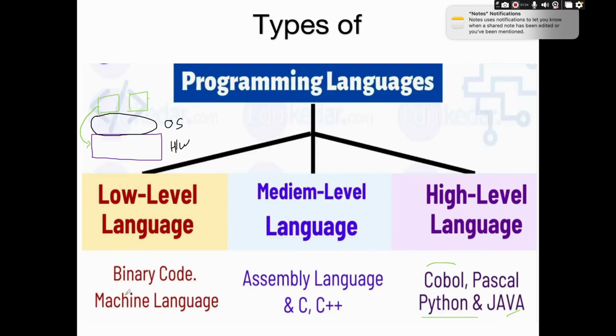Low-level programming is talking to the machine with the help of binary code. In between those we can categorize an assembly-level programming language, that is C and C++. So high level talks to the OS, and then the OS talks to the hardware with the help of a kernel.